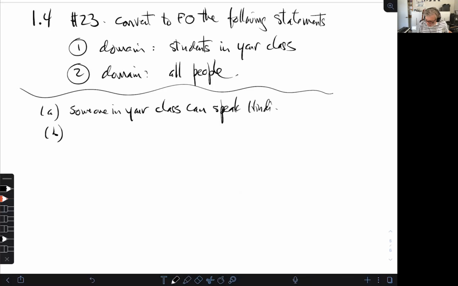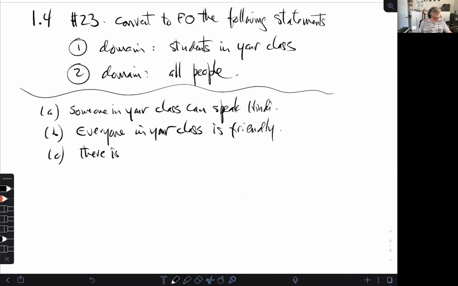B: Everyone in your class is friendly. I hope that's true. C: There is a person in your class who was not born in California.